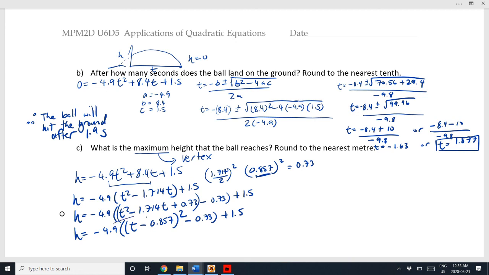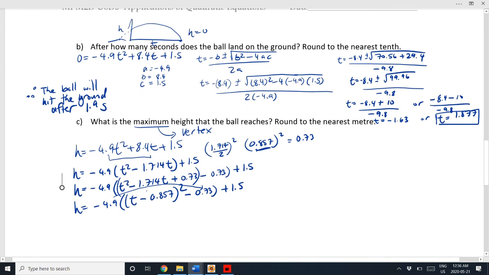And before we can finish up here, we have to multiply this into here so we can get what our k value is at the end. So h is equal to negative 4.9 times t minus 0.857, and then we do negative 4.9 times that negative 0.73, and we're going to get 3.57 plus 1.5.